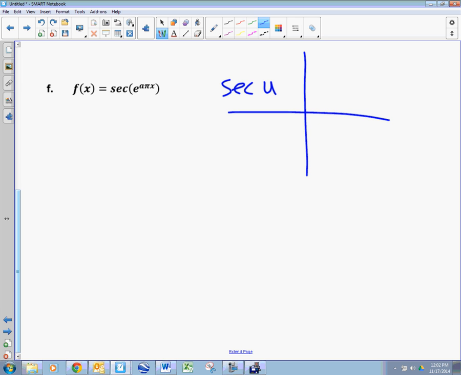What goes on the inside? E to the a pi x. What's the derivative of secant of u? Derivative of e to the a pi x. What's the derivative of the exponent? A pi e to the a pi x. If you did the chain rule, that's what you would come up with.